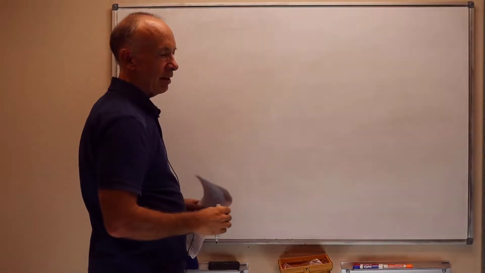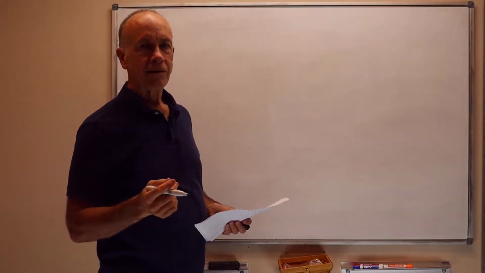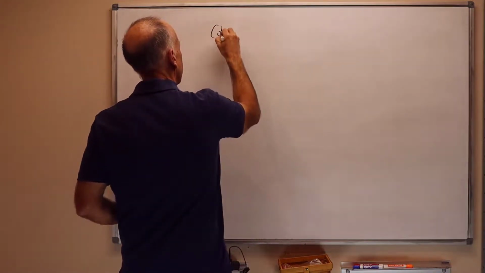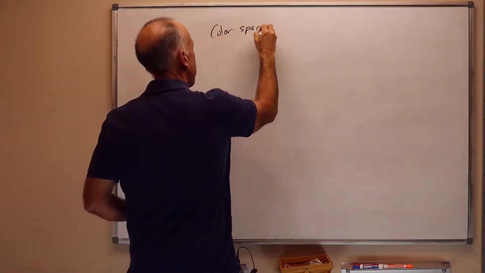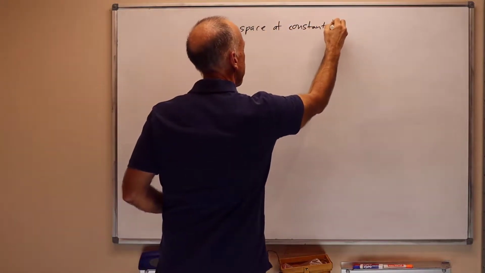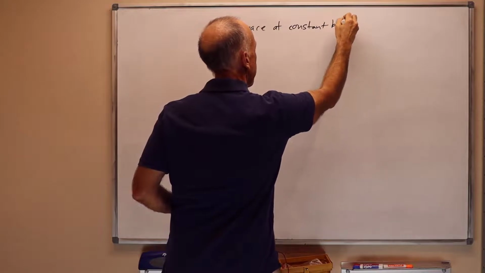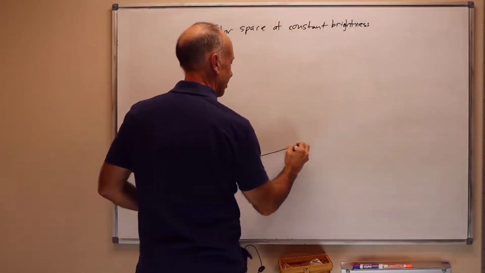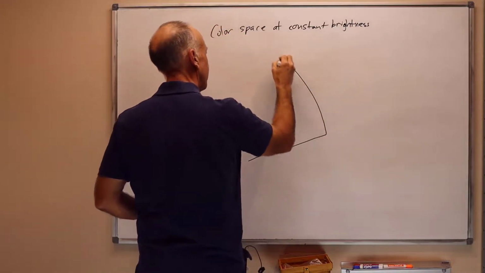So as a consequence of this, we can draw a very rough sketch of what the color space looks like for colors at a constant, moderate brightness. The space of visible colors is typically drawn with an image shaped something like this.